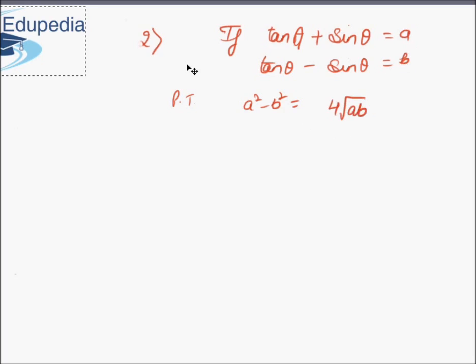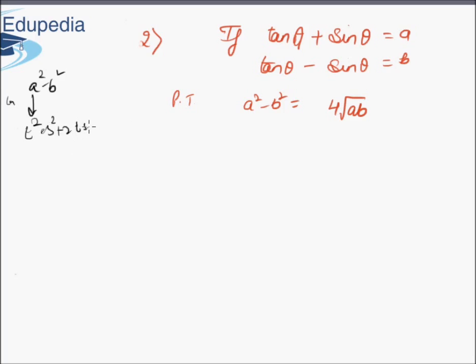Friends, one simple alternative is to calculate A square and B square as such, but A square will give us tangent square plus sine square plus 2 tangent into sine.